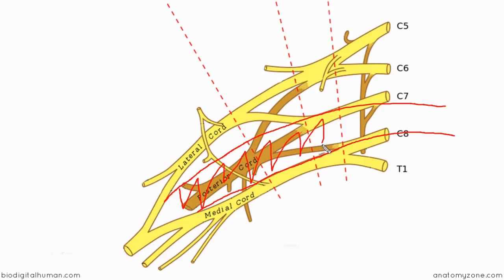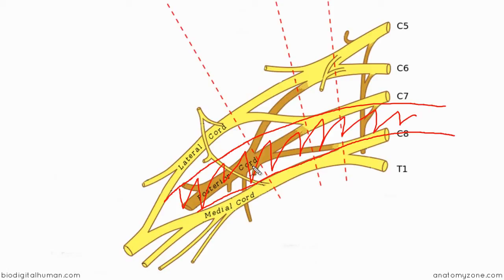So just fill it in. You can see that the medial cord lies medial to the axillary artery, and the lateral cord lies lateral to the axillary artery, whereas the posterior cord, formed from the posterior divisions of the three trunks, runs behind the axillary artery.